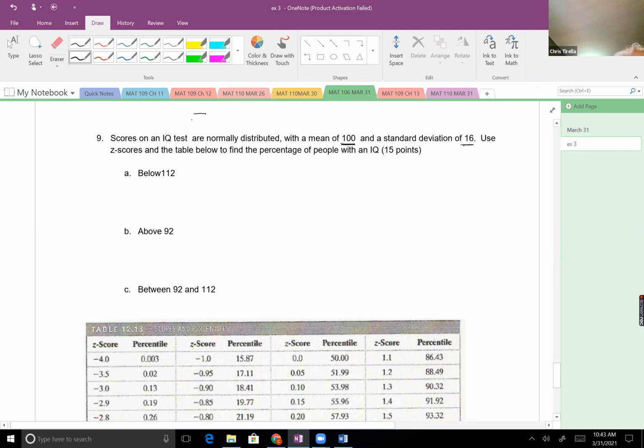The formula tells us that the z-score is the value minus the mean over the standard deviation. And what we have to remember is that the percentile means the percent below.